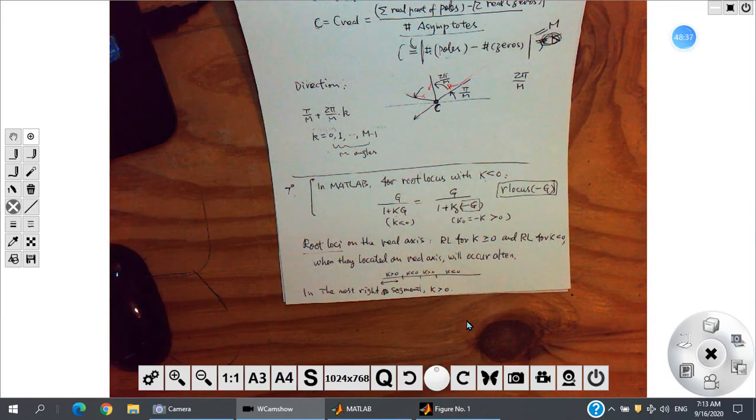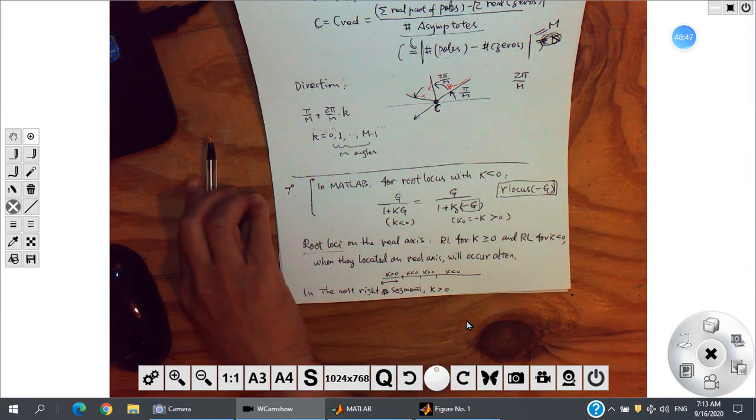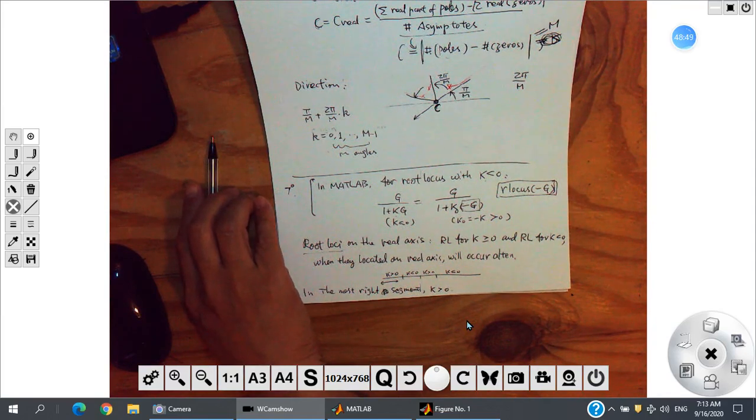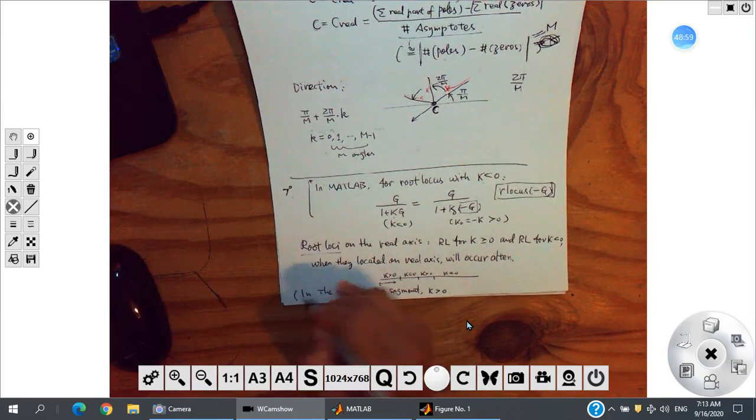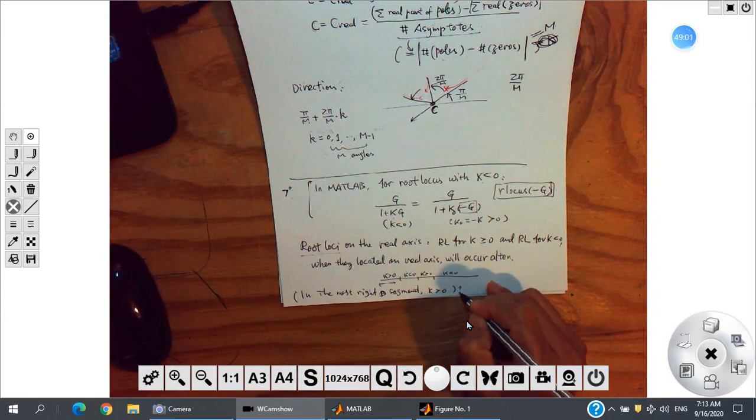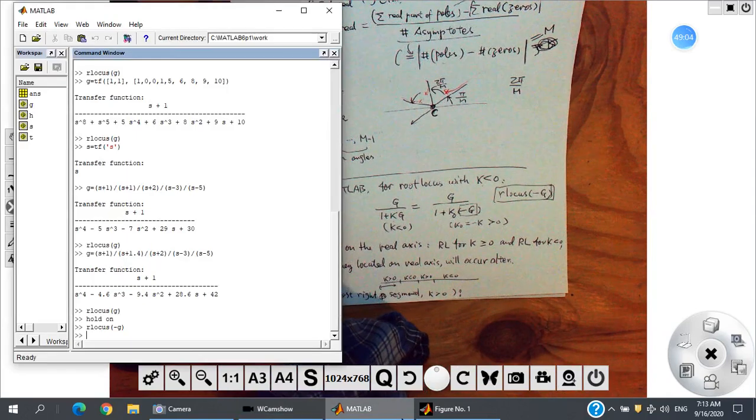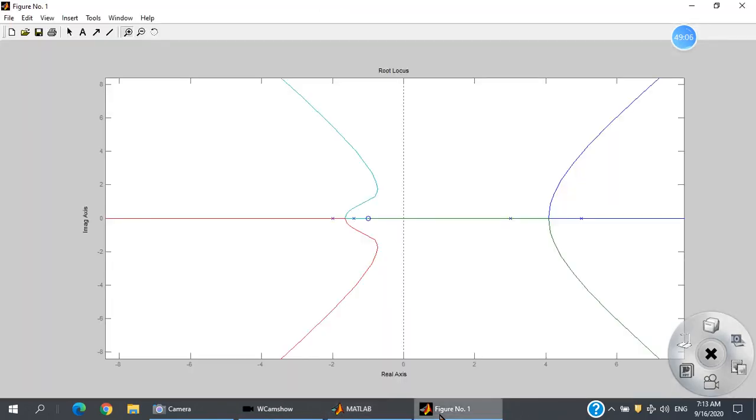If we have some root locus located on the real axis, it must look like this. Let me see the most right one. I'm not so sure. Okay, you check the textbook. Let me see the graph here. Oh, it's not always; it depends on g.